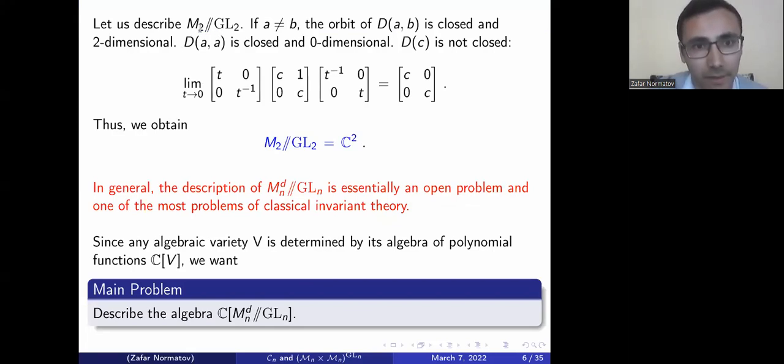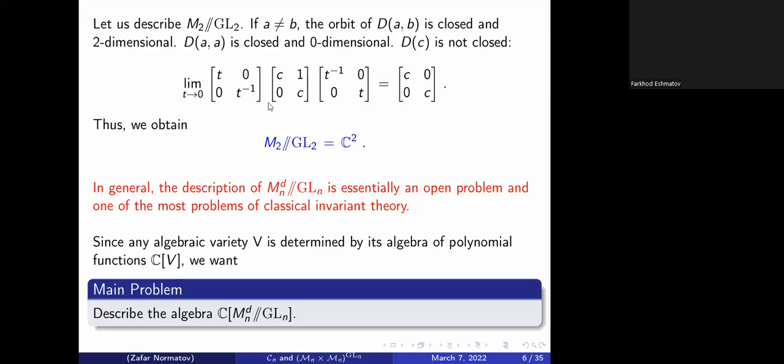Let's describe the quotient variety. If a is not equal to b, the orbit of D(a,b) is closed and two-dimensional. And when they are the same, then D(a,a) is closed and zero-dimensional, it is only one point.